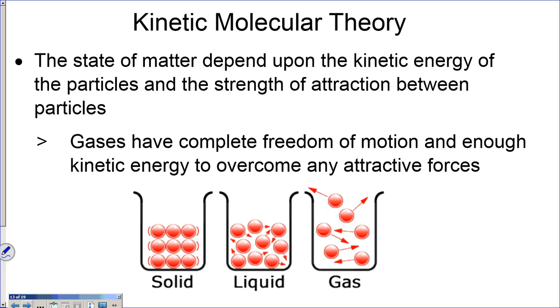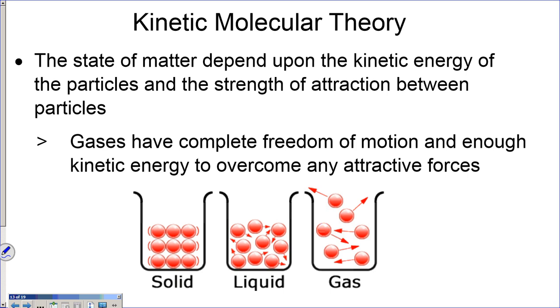One basis we're going to talk about with our thermochemistry are our states of matter. Those refer back to the kinetic molecular theory. This is referring to the amount of energy that the individual particles in a substance are having. It's also going to talk about the attraction between those particles.